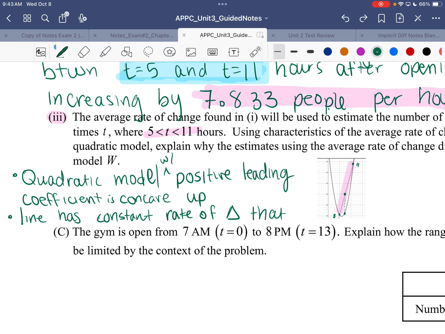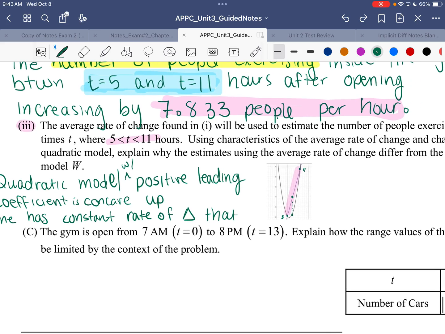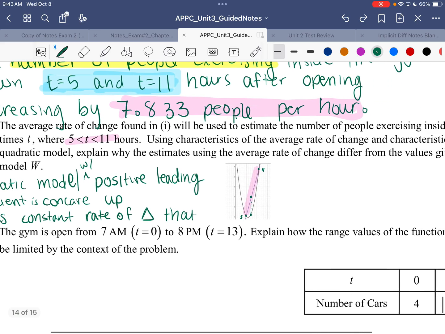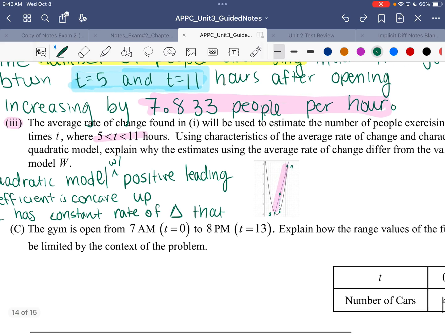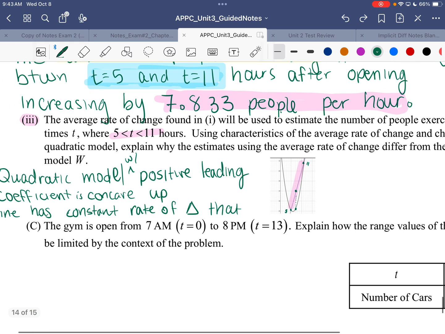So using these, explain why the estimates using the average are different versus the ones from the line. So one's concave up. What is the rate of change when it's concave up? Is it positive, constant, increasing, decreasing? Rate of change is increasing. Right, so the rate of change is increasing.